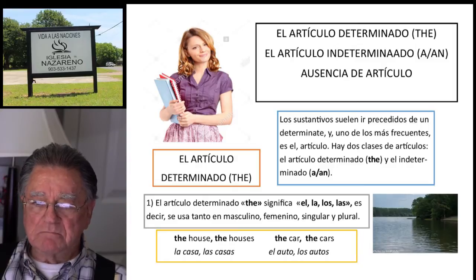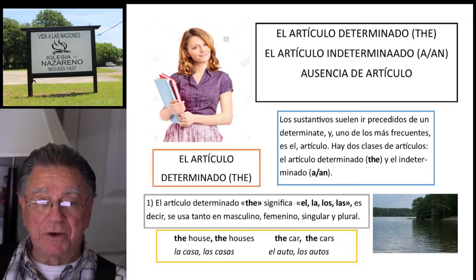Okay, which boils down to this, using the word the: casa, the house. It's a house in the middle of a whole bunch of houses, and it is an apple.